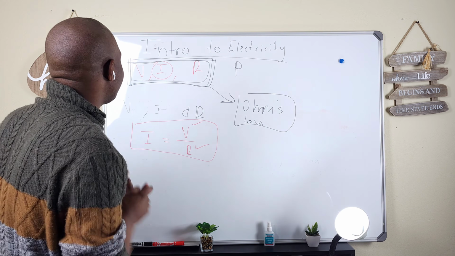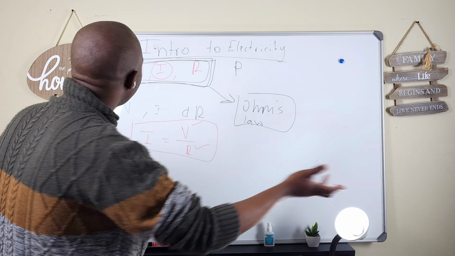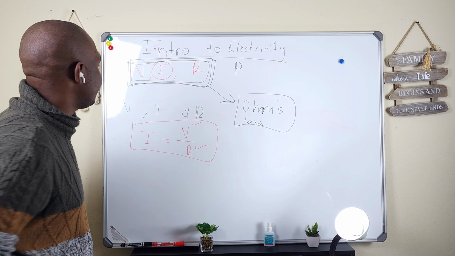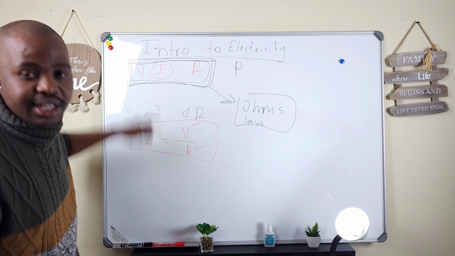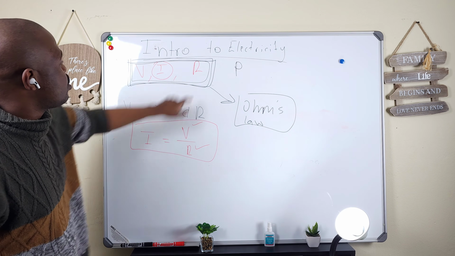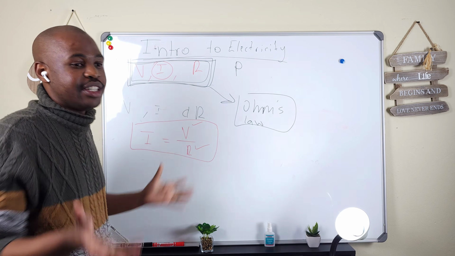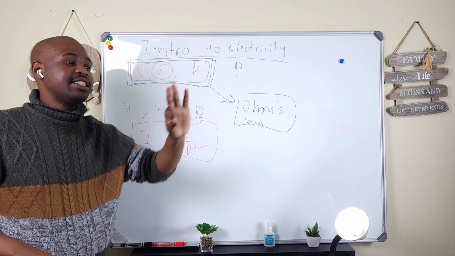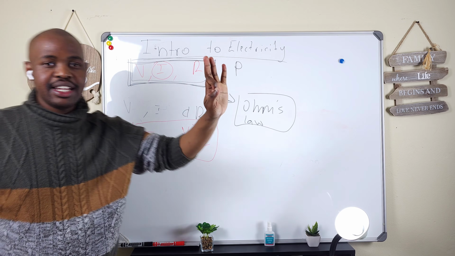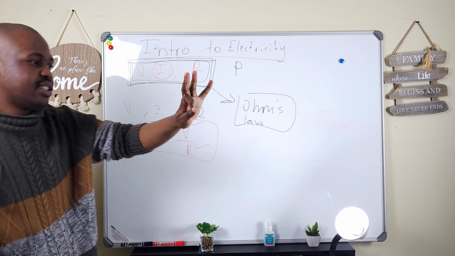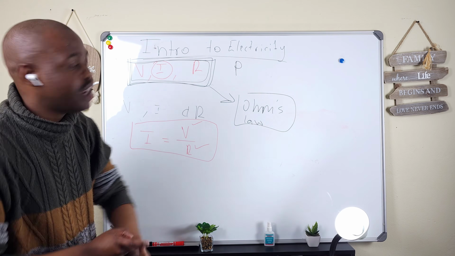Obviously for us to have that movement, we need what? Voltage. And resistance is the opposition to the current. Think of it as friction. And there are three materials in electricity. We classify the materials in three categories: conductors, insulators, and semiconductors.